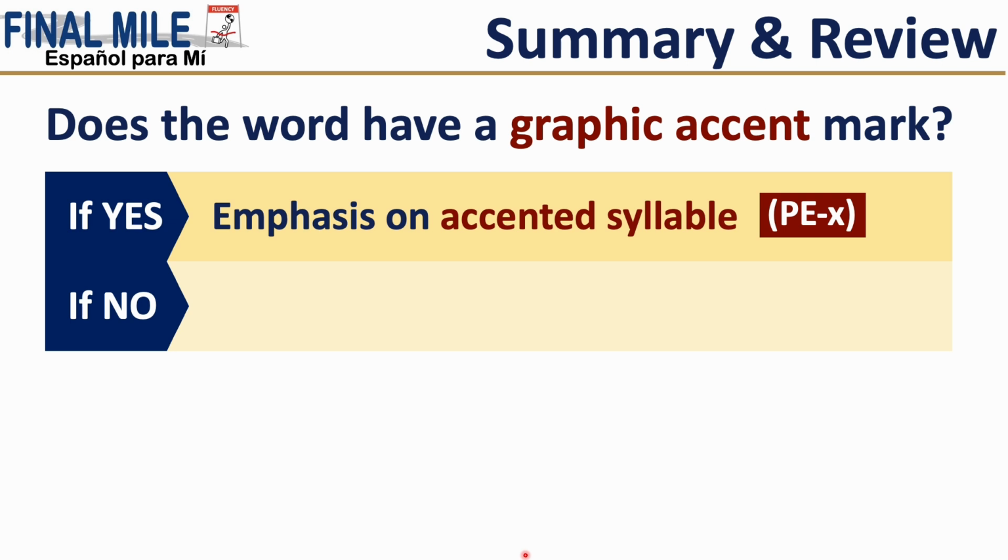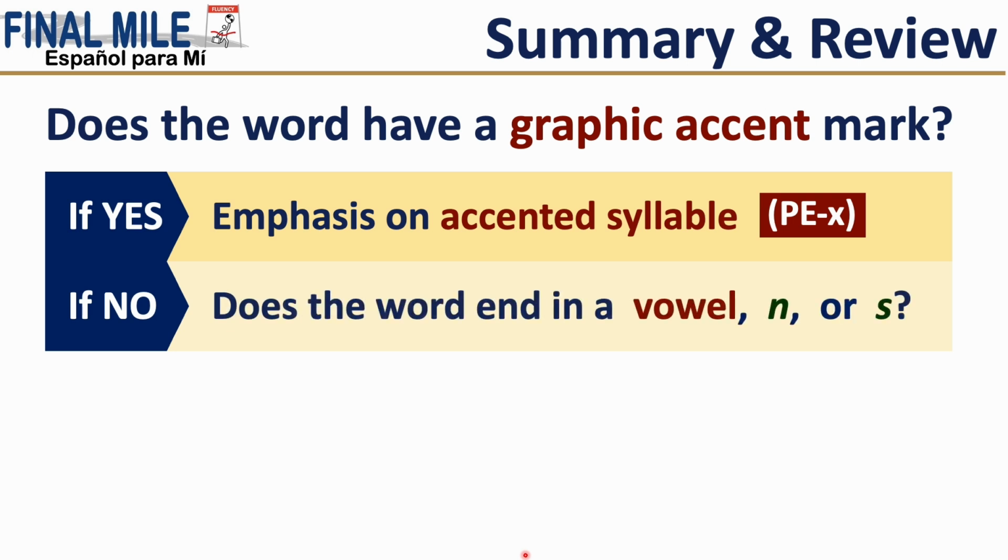But most of them don't have a graphic accent, so let's figure out what we do if the answer is no. Then we have to ask ourselves this question that we have to remember, okay? Practice this question. Does the word end in a vowel or N or S? We must memorize this.